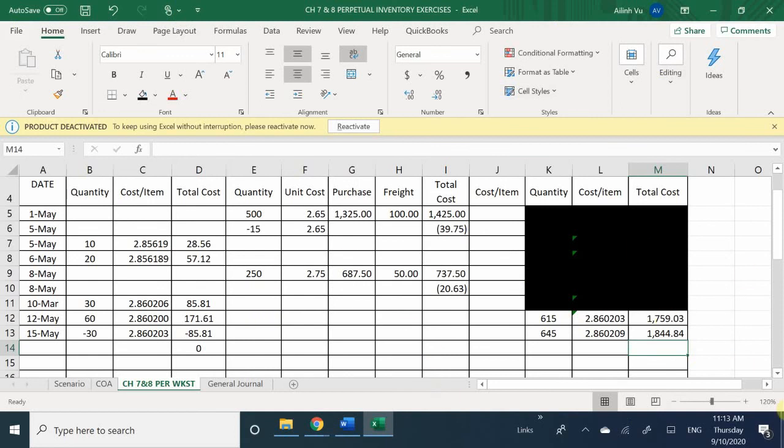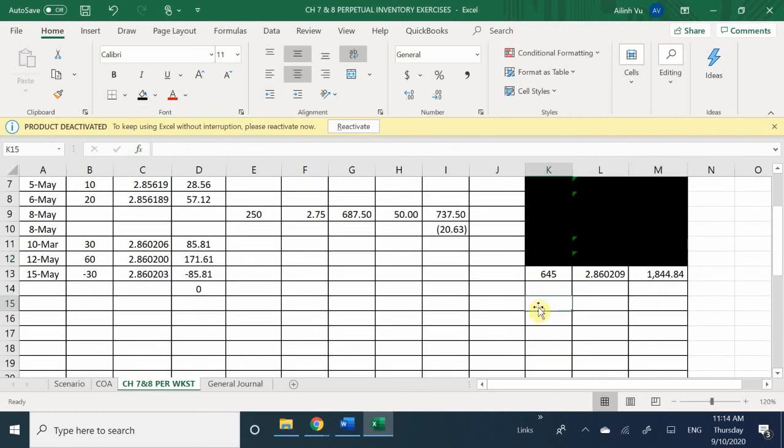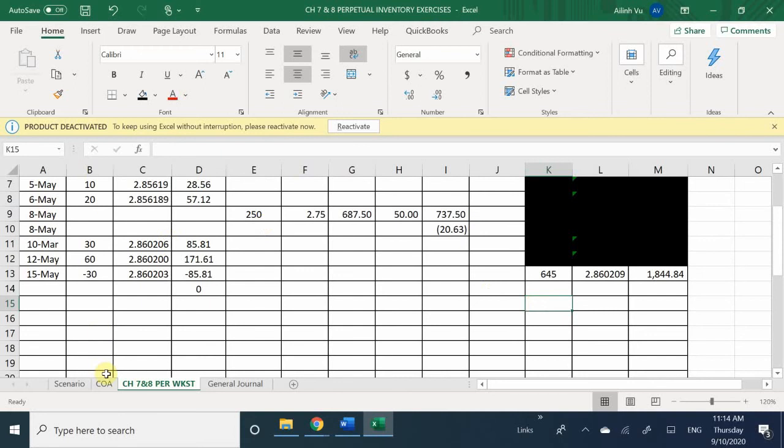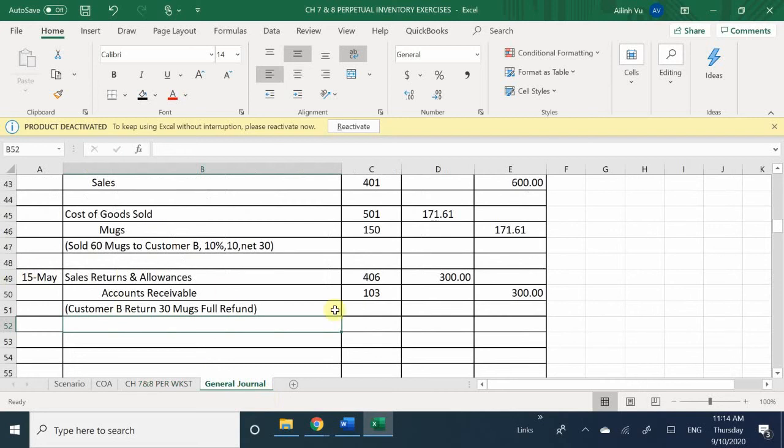It's still the same, but for the purposes of this class, it's good practice to do that so you don't forget. So now we can go ahead and pull our inventory worksheet down. And we've already indicated on our journal that we returned that amount.